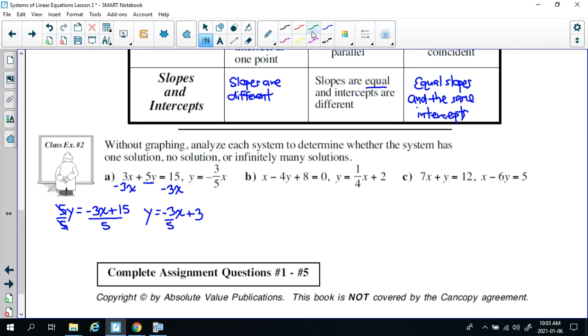Okay, now let's compare the two equations. Here's the first equation, and here's the second equation. Now, what I notice about these two equations right away is they both have the exact same slope.